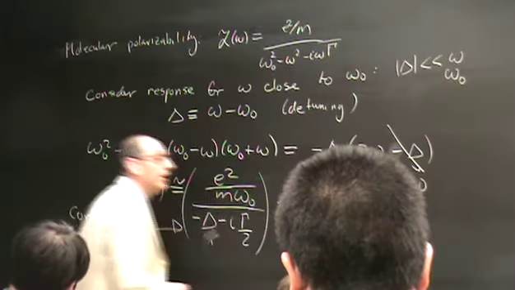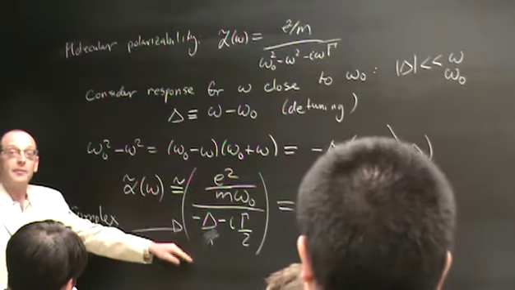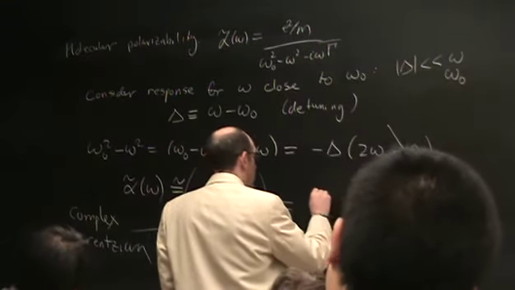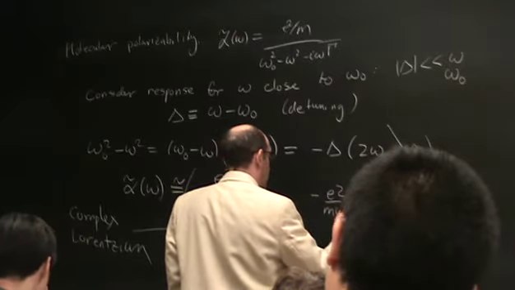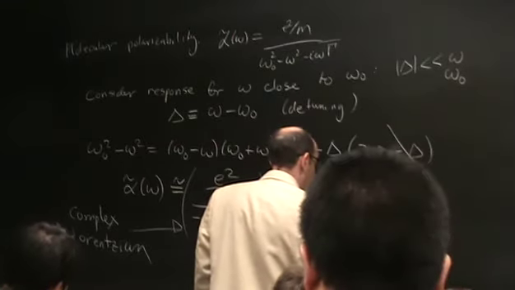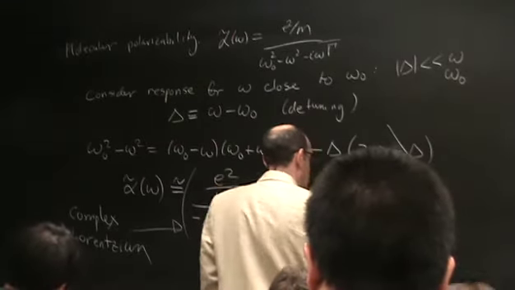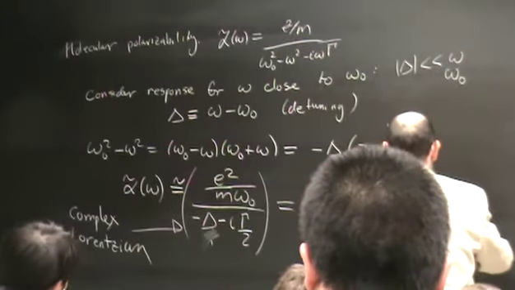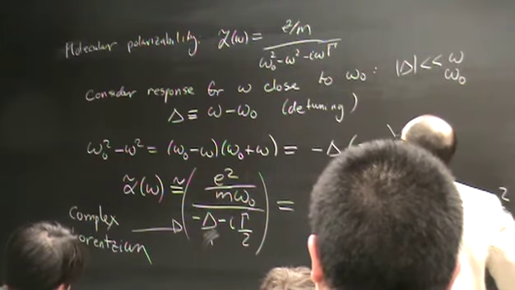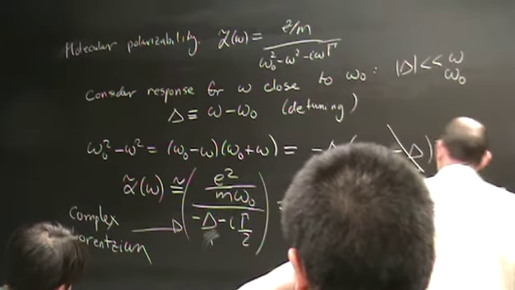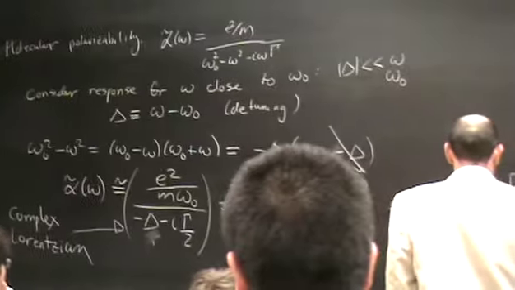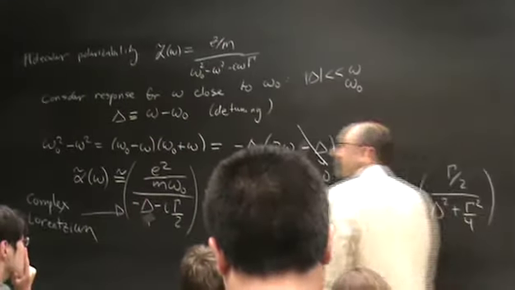We write in terms of real and imaginary parts, we multiply top and bottom by the complex conjugate, and we get minus E squared over M omega naught delta divided by delta squared plus gamma squared over 4, plus I E squared over M omega naught times gamma over delta squared plus gamma squared over 4.